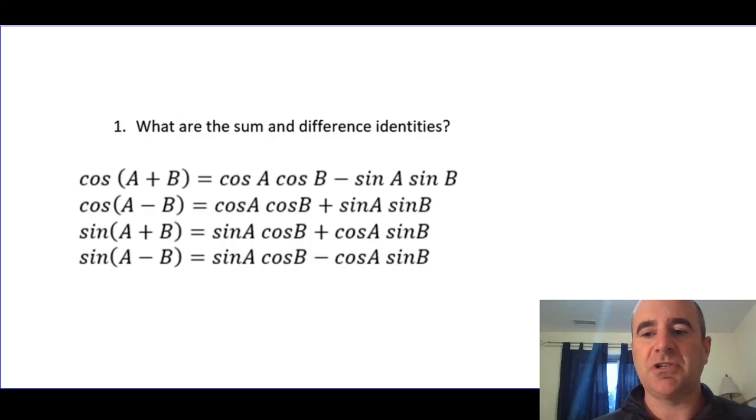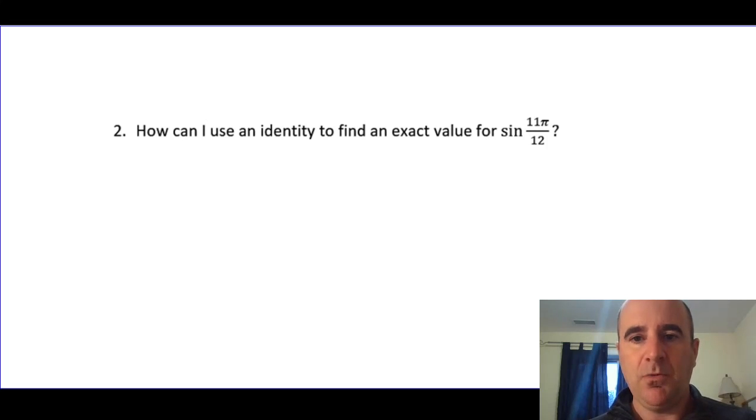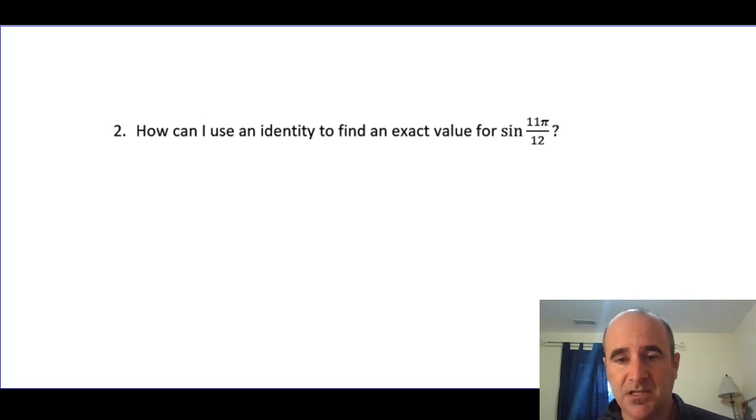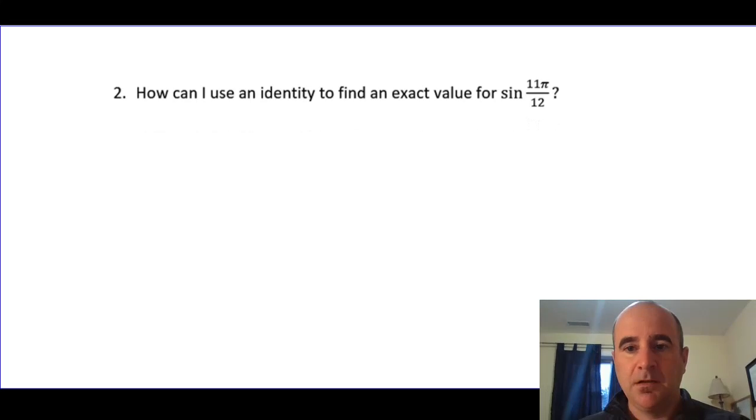If we look at our next question, we will see how we can use the sine addition formula to come up with an exact value for the sine of 11 pi over 12. How do we do that? Well, we need to realize that although we don't know the exact value for an angle such as the sine of 11 pi over 12, there are many angles that we do know the exact value for.